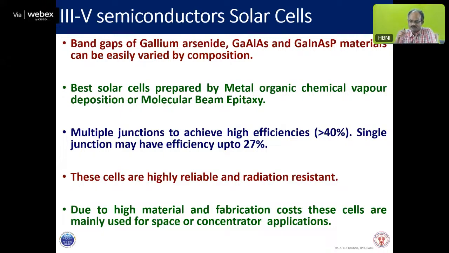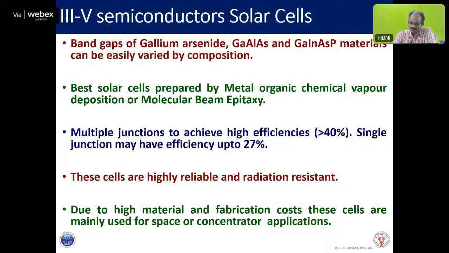If you keep on changing the composition, the band gap can be varied. If the band gap is varied, accordingly the absorption of the incident radiation can be enhanced. The best solar cells are prepared by metal organic chemical vapor deposition or molecular beam epitaxy. These kinds of solar cells are very, very thin films, so these are deposited by MOCVD or MBE.